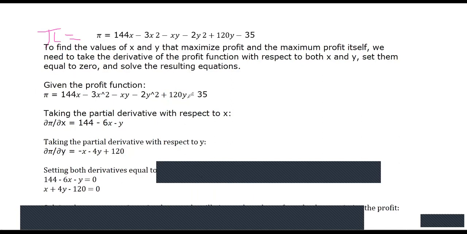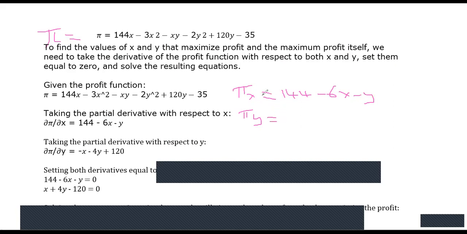So let's find the partial derivatives. We're differentiating with respect to x, and with respect to y. Let's go together. With respect to x, what are we going to have here? 144, right? Here, we're going to have 6x. Then here we're going to have minus y.